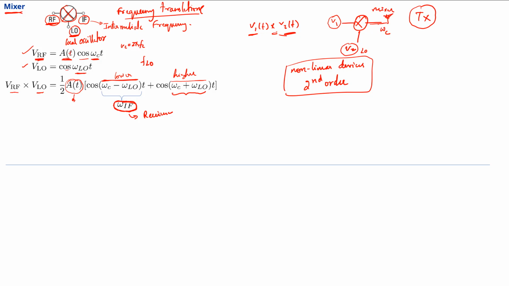You can use a mixer to multiply them so that the output omega c is, if we call this the baseband signal, or IF, the intermediate frequency, then IF plus omega LO. So in the transmitter we are interested in the high frequency component, translating omega IF from low to a higher frequency omega c, whereas in a receiver application we want to translate omega c to a smaller frequency omega IF, and so we choose what is called the lower sideband.